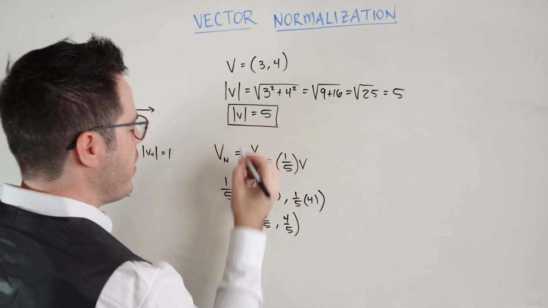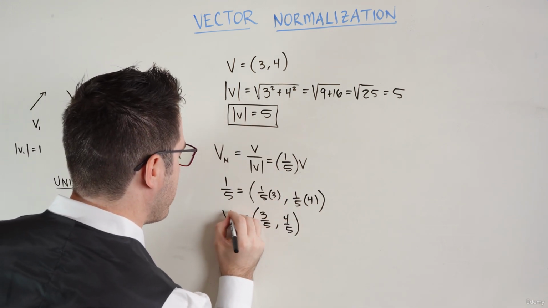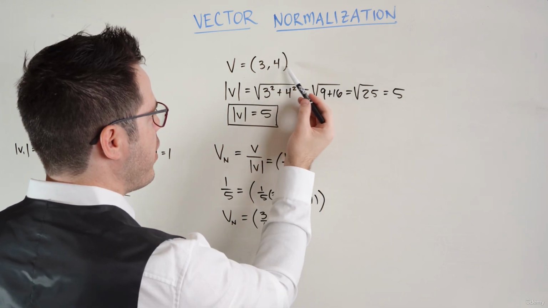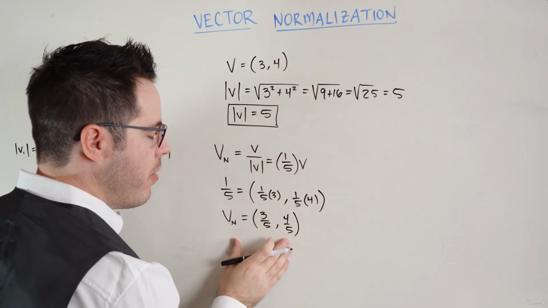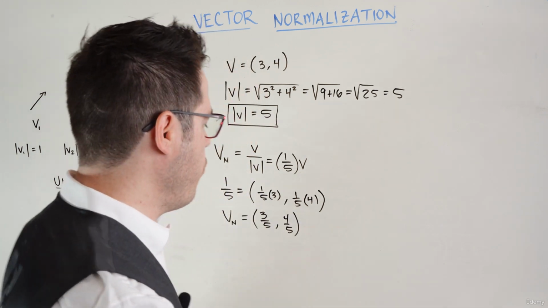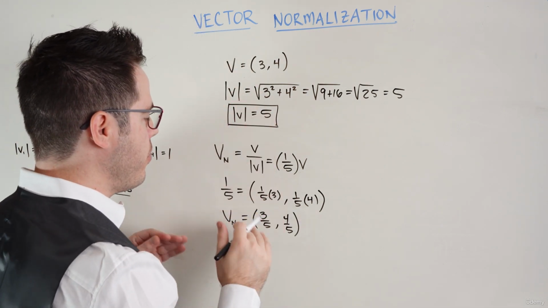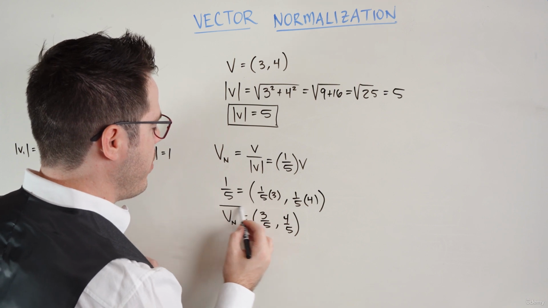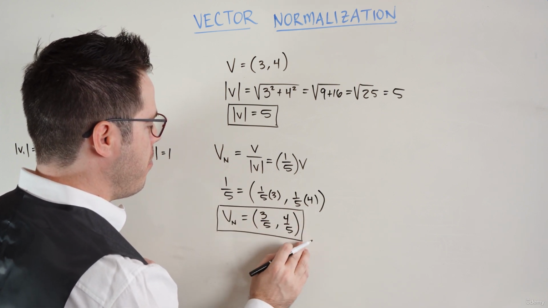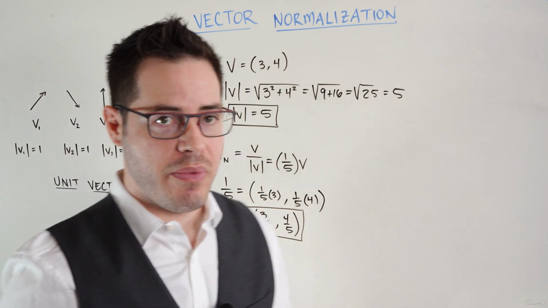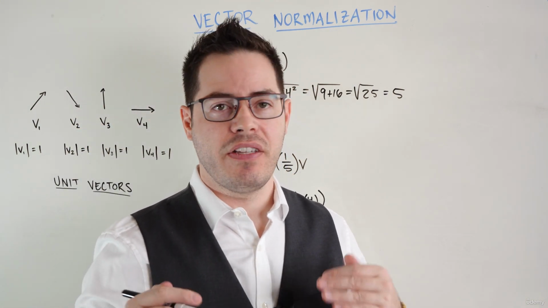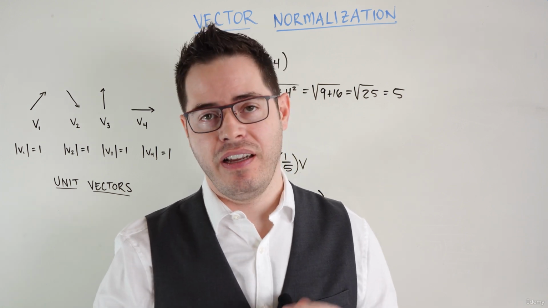This is the vector v normalized down to a length of 1. This is the vector in the same direction as v, except it now has a length of 1. It's a unit vector. When we reduce a vector down to a length of 1, it's said that we normalized the vector. So the process of dividing by a vector's magnitude, or multiplying by 1 over the magnitude, is the process of normalizing the vector.